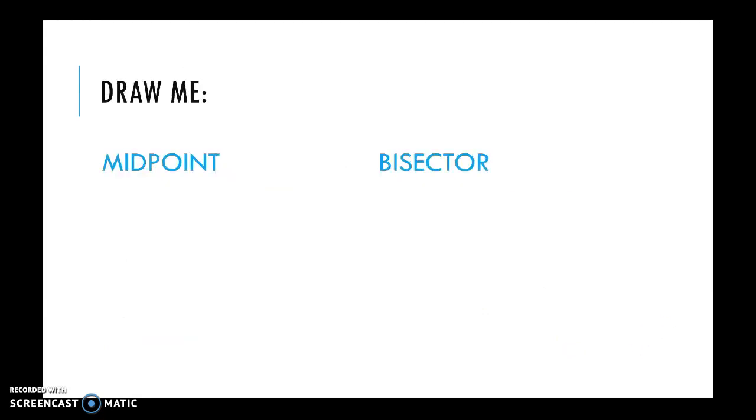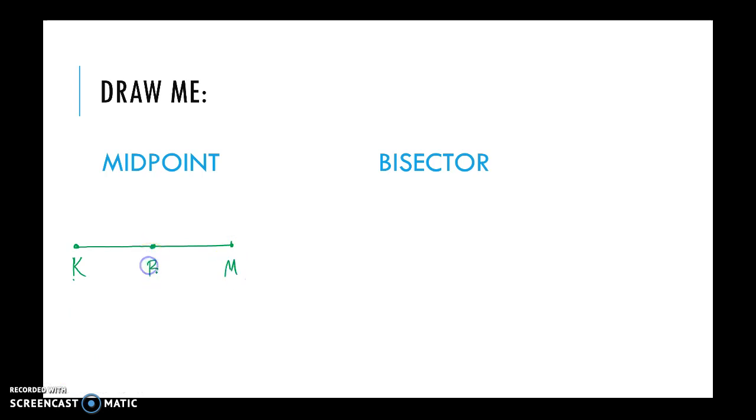Okay, so a midpoint, a point that divides a segment into two congruent segments. So here we are, K, M. Okay, so I'm going to put my point in the middle.